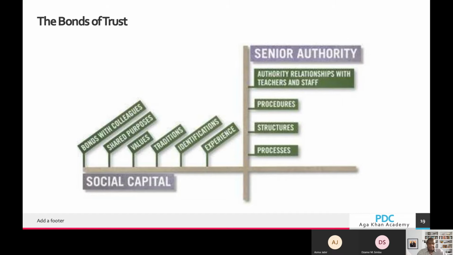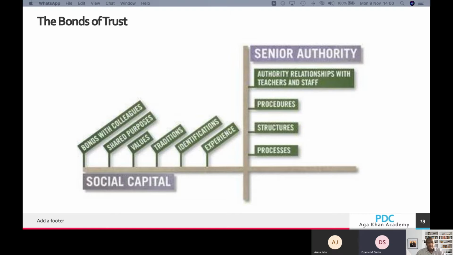Madam Simba? Yes. Now I was looking at this, the vertical and the horizontal structures. In school, there must be sharing of values, teamwork, binding together as a team, trusting one another.